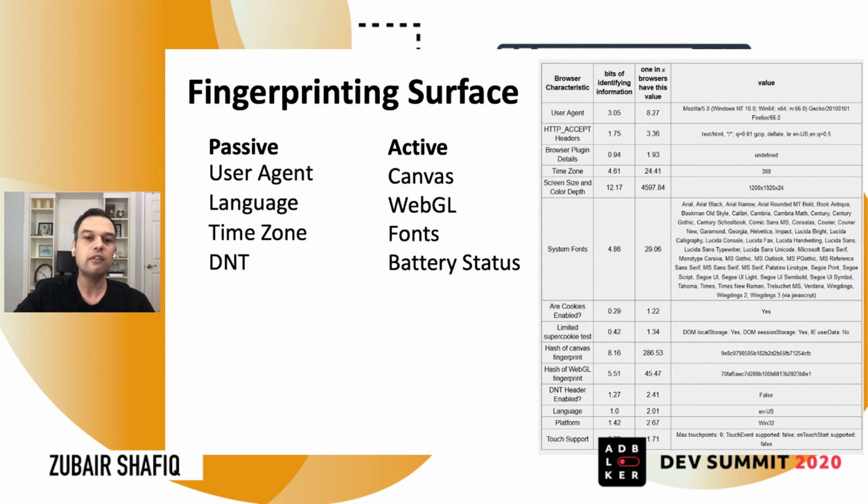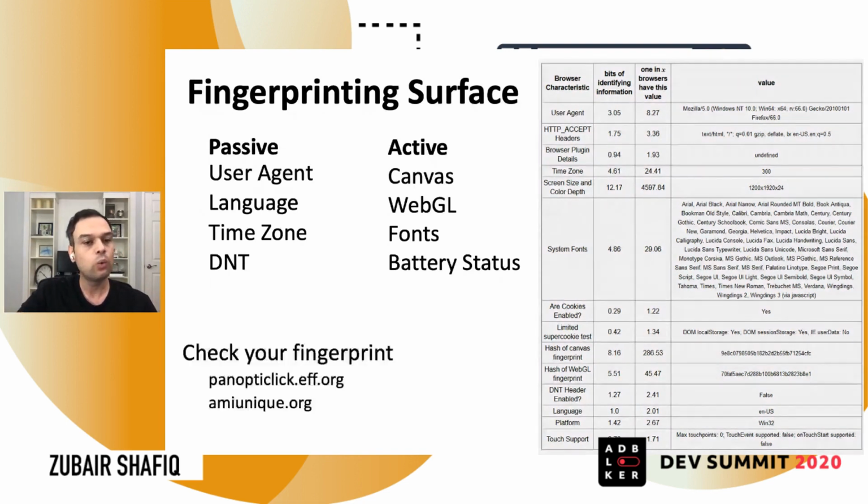Then we have active fingerprinting, where the fingerprinter actively tries to gather distinguishing information at the client side using different APIs supported in the web browser, and then exfiltrates that information to the server. The typical set of APIs exploited for browser fingerprinting include things like fonts, canvas, WebGL, and so on and so forth.